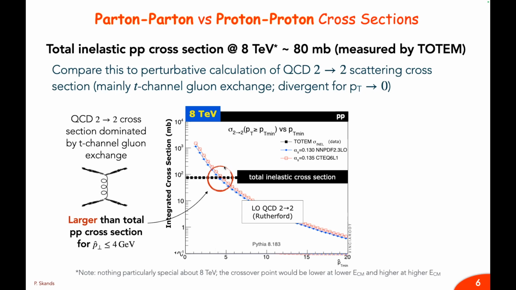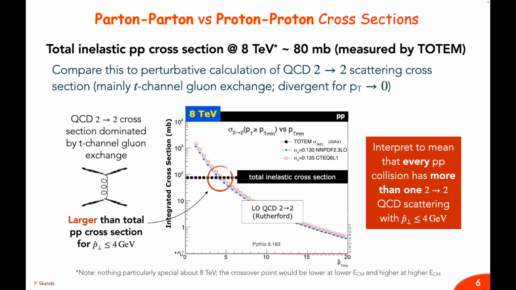So how can we make sense of the fact that the parton-parton cross-section is exceeding the hadron-hadron cross-section at some perturbatively large scale? One way we can make sense of this is by thinking about what a cross-section actually measures. What does a cross-section mean? We're comparing a proton-proton cross-section and a parton-parton cross-section. And once we multiply cross-sections by luminosities, we get numbers of scatterings, essentially.